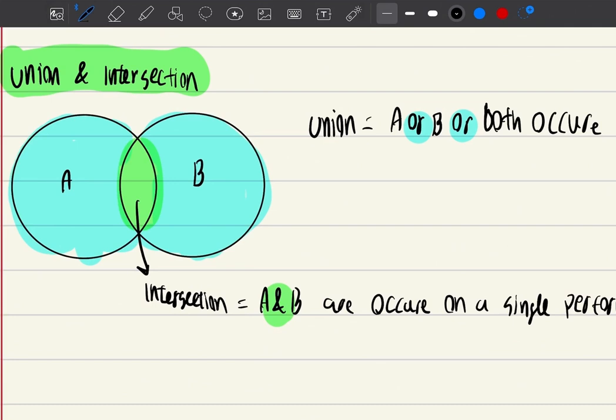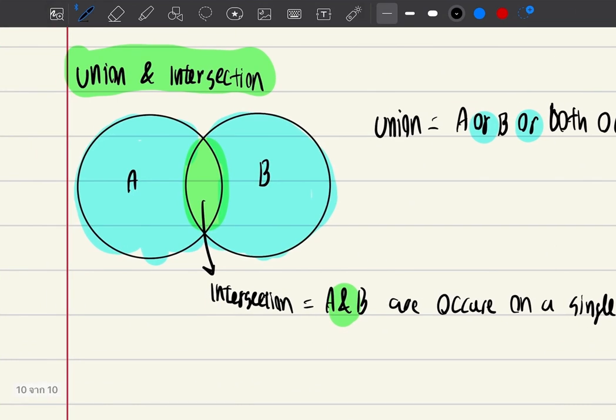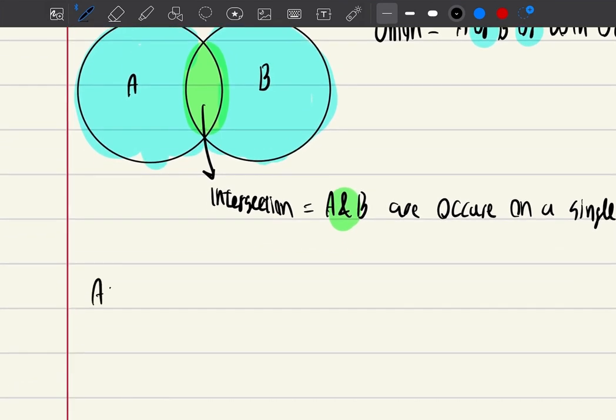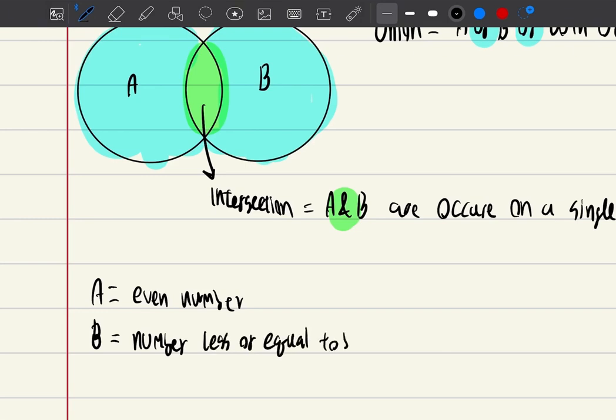We're going to do a die toss experiment. For example, A is an even number and B is a toss number less than or equal to 3.